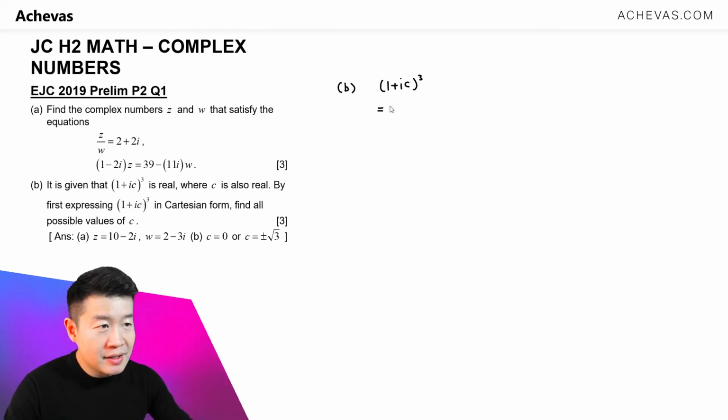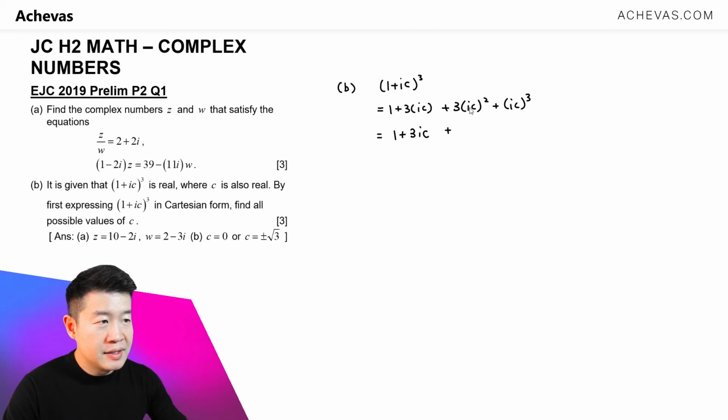So let's expand this. It will be 1 plus 3 times ic, binomial expansion, plus 3 times (ic) squared, and (ic) to the power of 3. So we will have 1 plus 3ic. Then this i squared is minus 1, so it should be minus 3c squared.